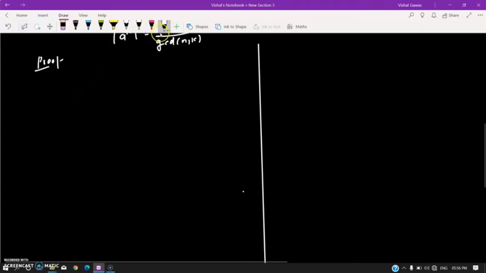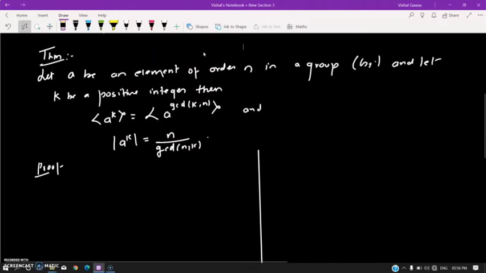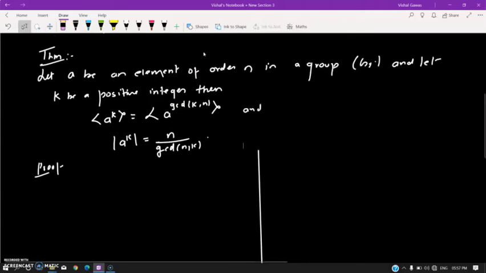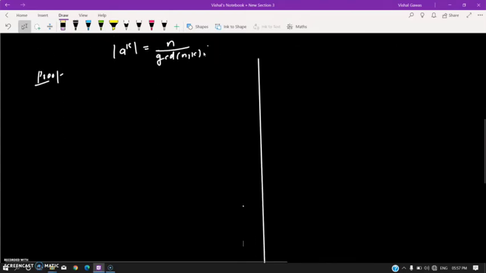What I will show is that a raised to k and a raised to the gcd of k and n would have the same order and would be generating the same subgroup.